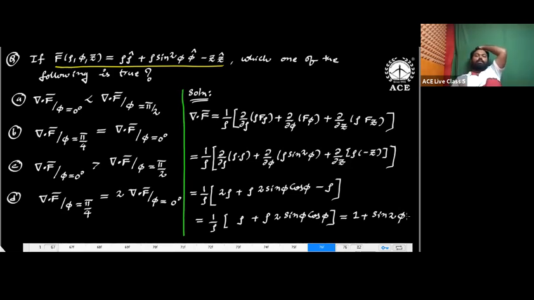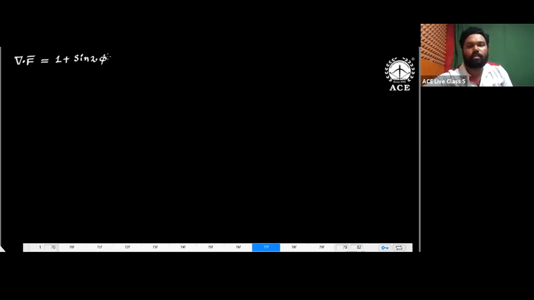Yes or not? So just substitute those limits, beta. I am going to turn the page. So here divergence of f is equal to 1 plus sin 2 phi, beta. Yes or not?